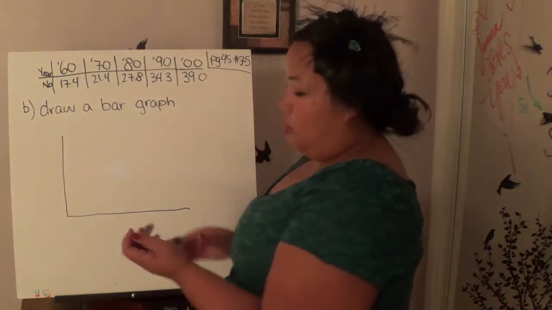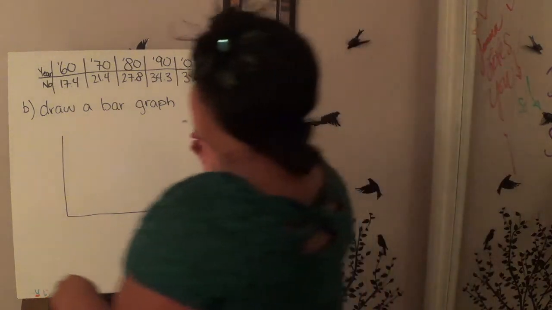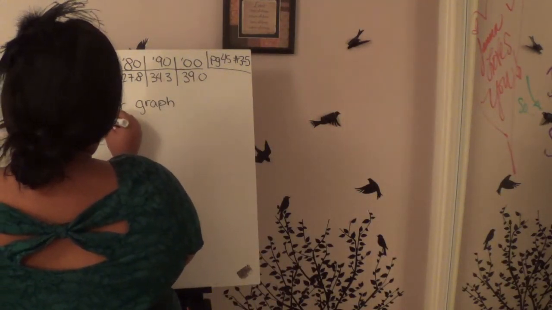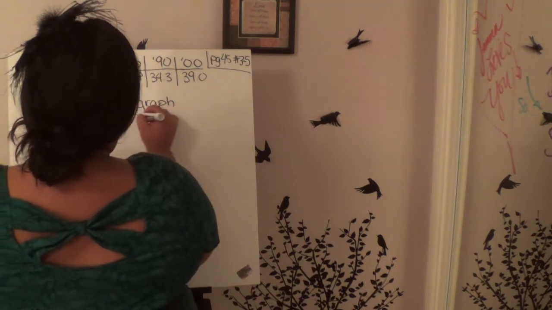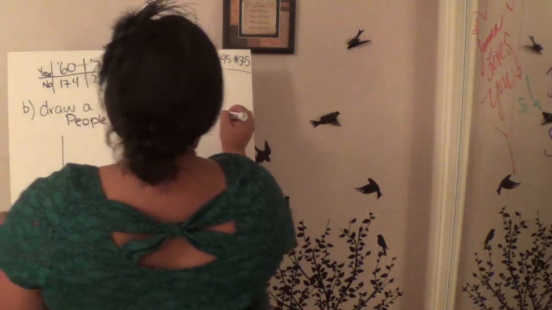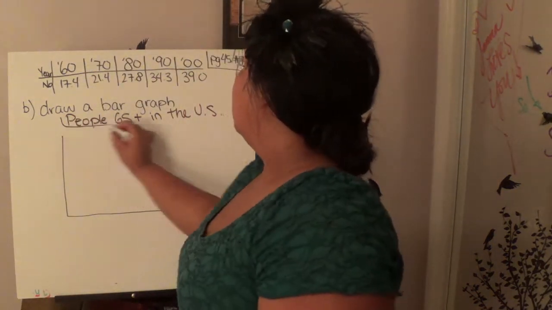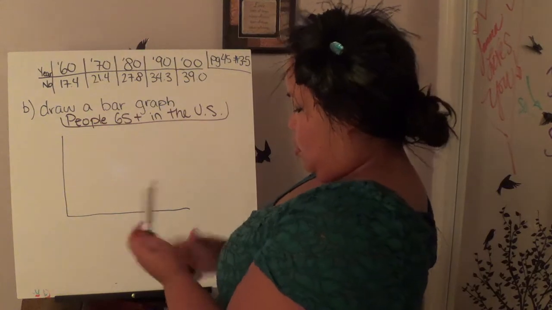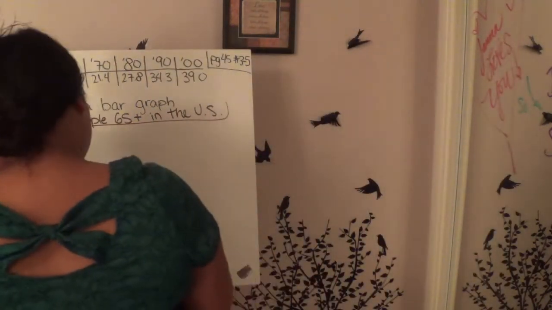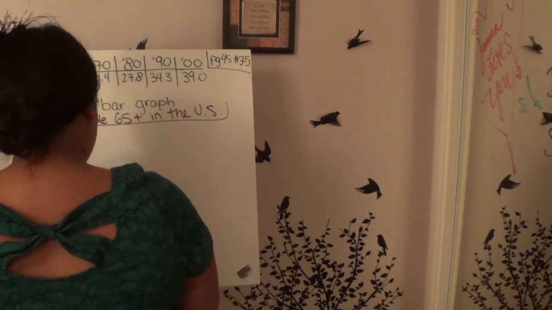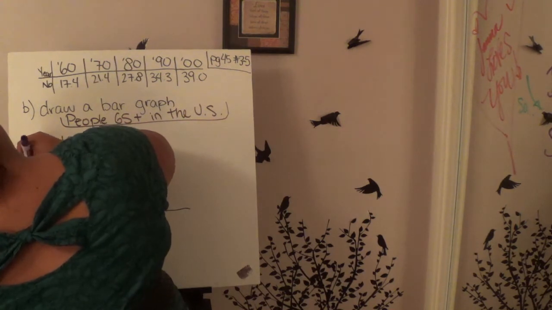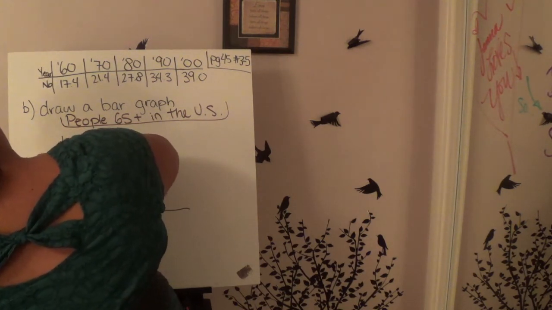Okay, so the same information, so we're going to label it exactly the same. This is people 65 plus in the US. Okay, I have my title. It's the same setup. I'm going to have years in here, and amount in millions.